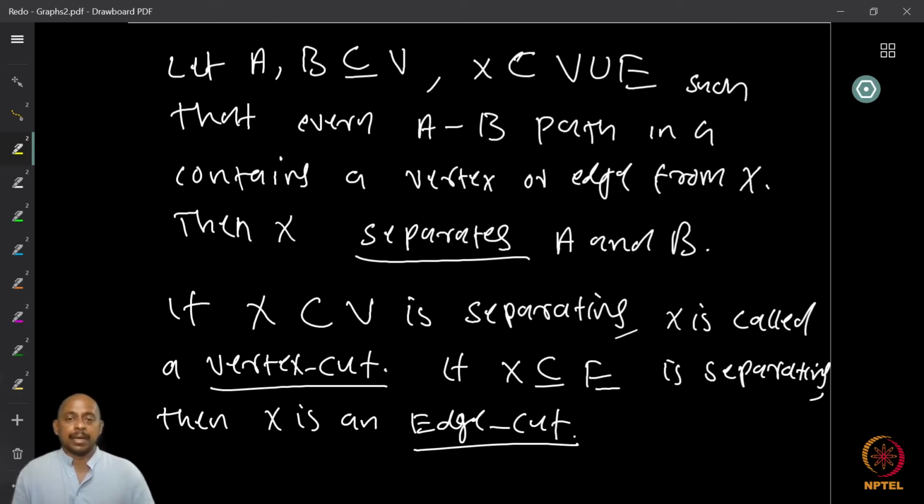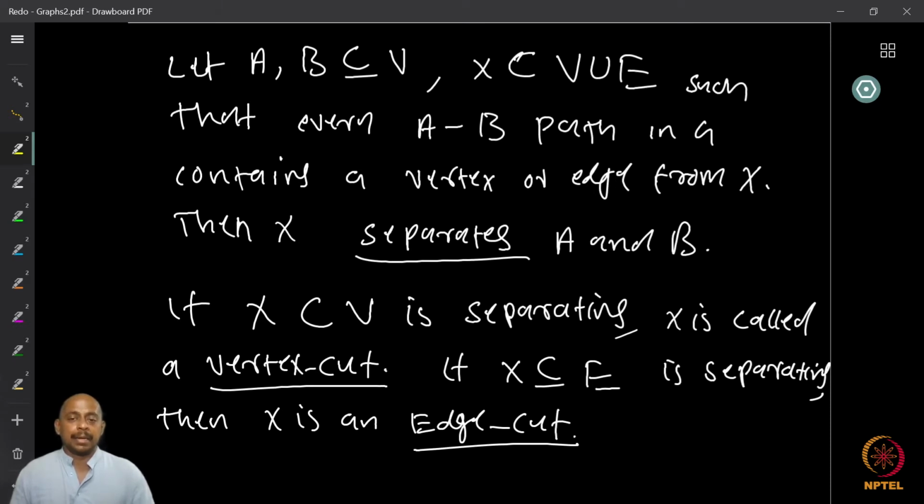So X separates A and B if X is a subset of V union E, such that every AB path in G contains a vertex or edge from X. Now, if I'm just looking at a subset of vertices alone, and X is a subset of V that is separating, then X is called a vertex cut. So a separating vertex set is called a vertex cut.